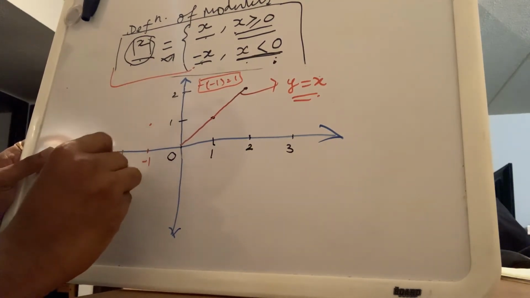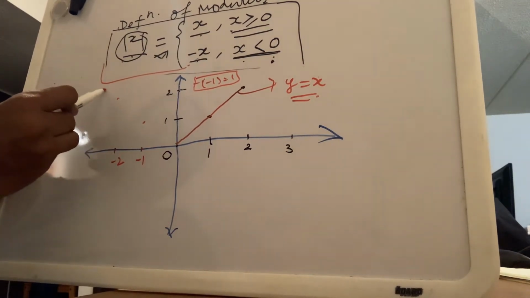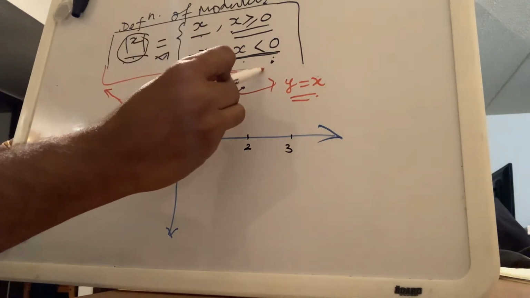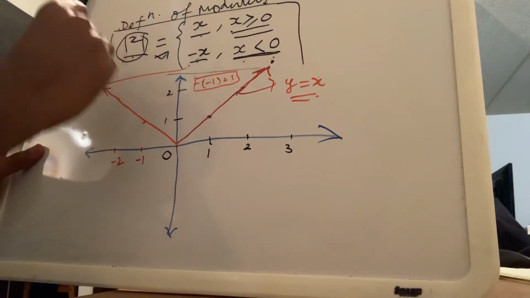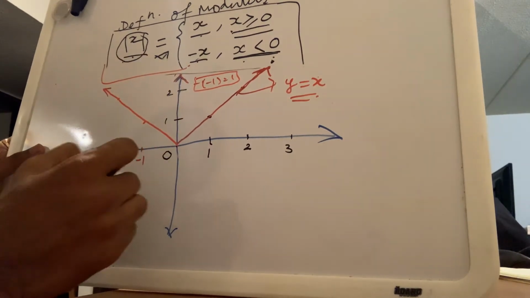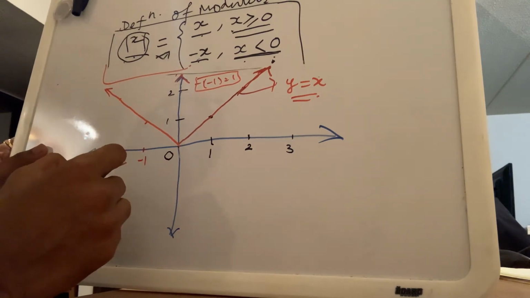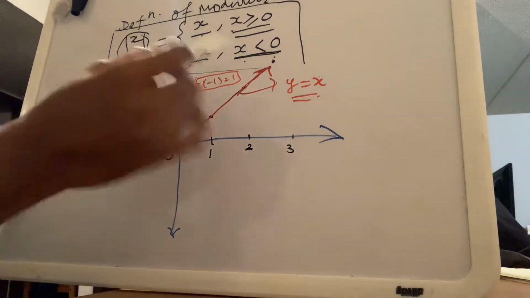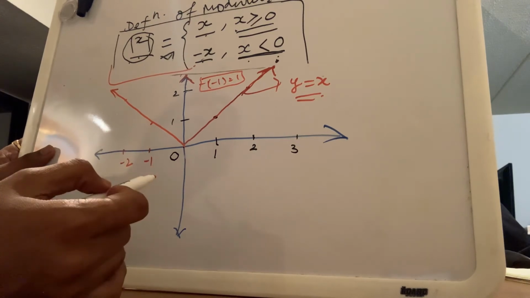Then minus 2 will again give positive y. So this modulus of x, you see how we drew this as a graphical representation? Isn't it fascinating? One equation turns into a graphical representation. It's really interesting.